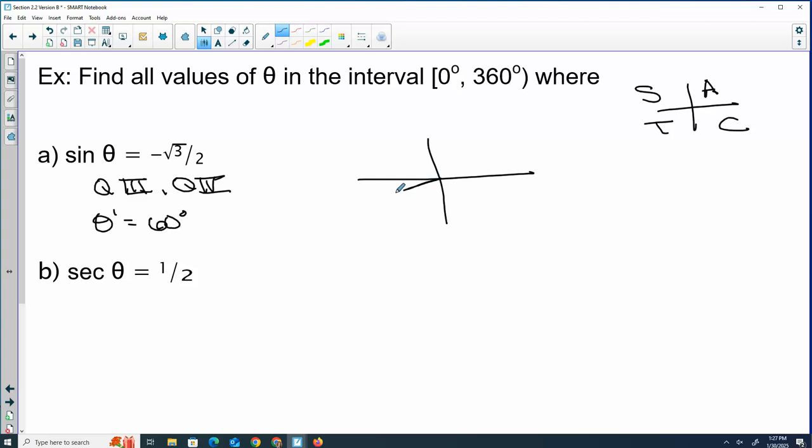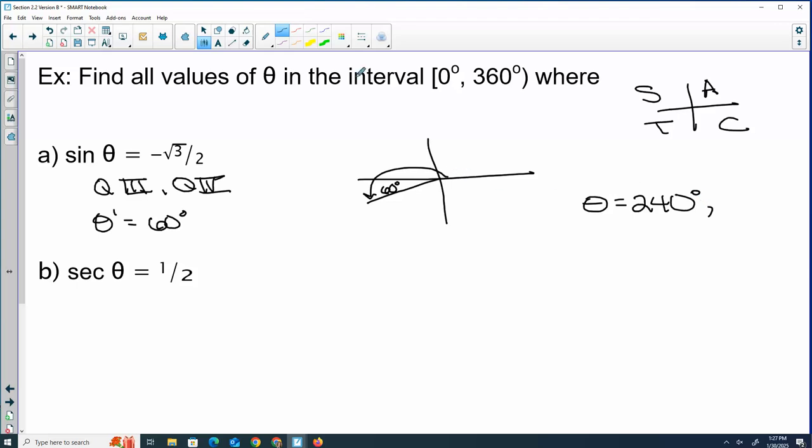If I'm in quadrant 3 and this reference angle is 60, can you tell me what the whole angle would be? From here to here is 180 plus another 60 would be 240. So the sine of 240 degrees is negative radical 3 over 2.